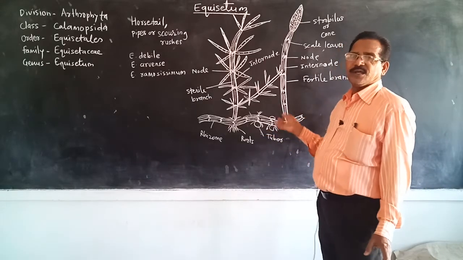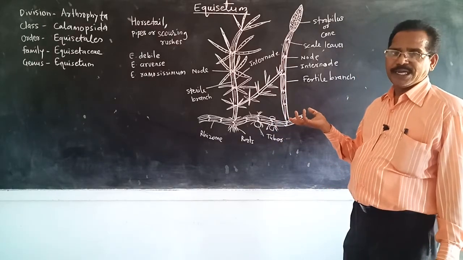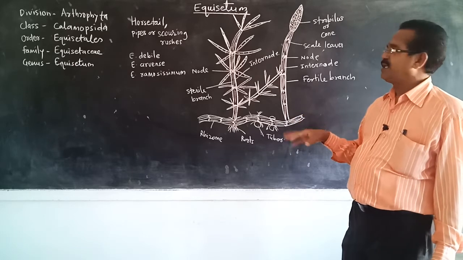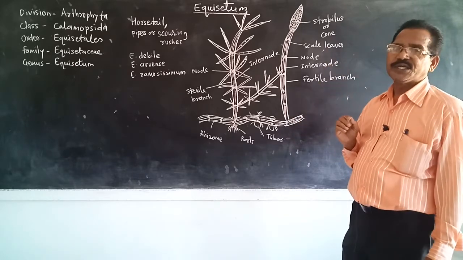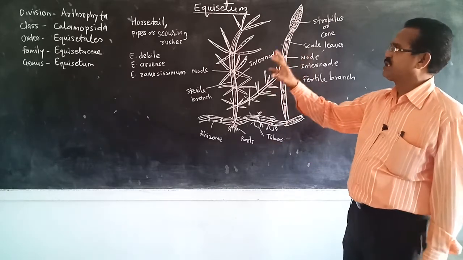These tubers, after detachment from the plant, germinate and give rise to a new Equisetum plant. This is about the external morphology and distribution.